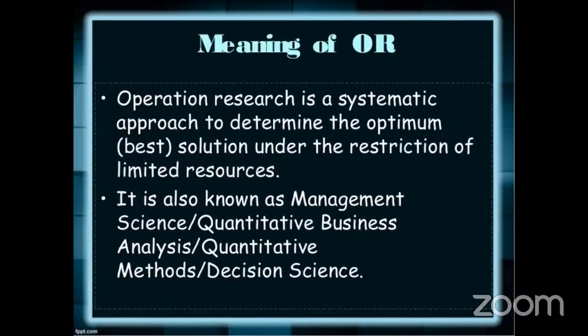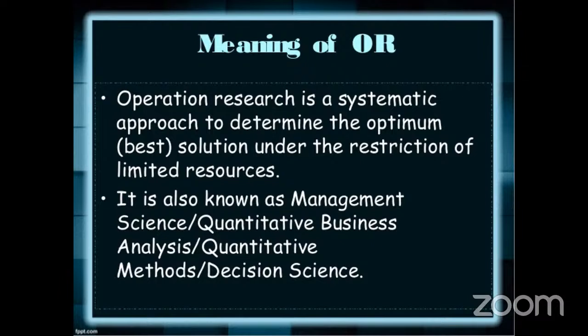As for the meaning of OR, operations research is a systematic approach to determine the optimum or best solution under the restriction of limited resources. We have limited resources in our business. Take an example of an electronic goods business, where the goods are electrical fans.